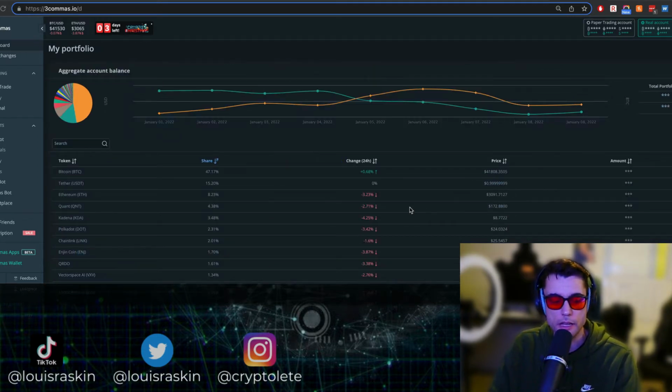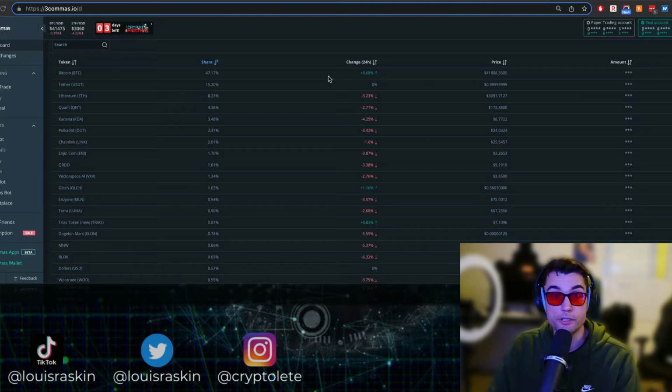At the top, it gives you the breakdown of all of your portfolios put together, so the aggregate account balance of all the things that you have, and then it tells you the different tokens that you have and your share in each token. And now I definitely will say that this right here is not an accurate presentation of my personal balance, just myself. This is all of the portfolios aggregated together, and these are many different portfolios. So don't pay attention to this.